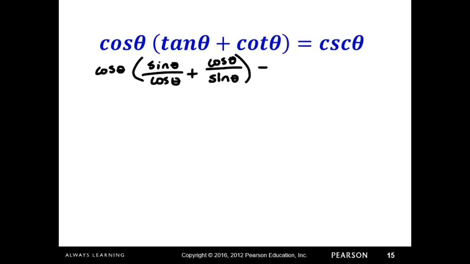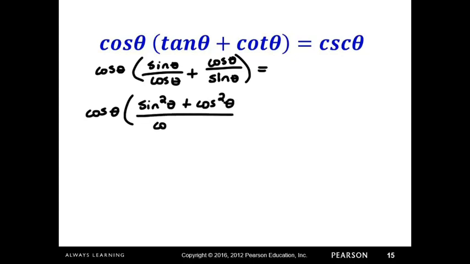So I'm going to get a common denominator in the parentheses, which means I'm going to end up with sine squared theta plus cosine squared theta over cosine theta times sine theta. Well, all of that numerator is 1.